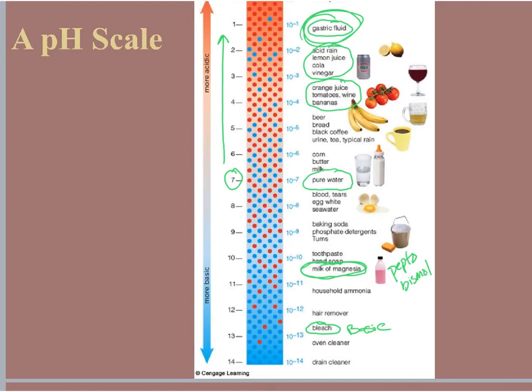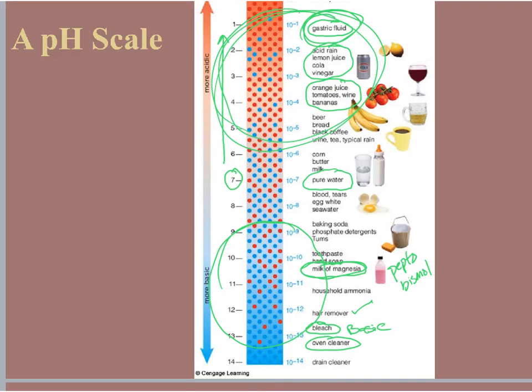So we often consider things that are acidic to be the worst, right? And they're the most damaging. But very strong bases can be quite corrosive or damaging as well. If you've ever tried a hair remover on your body, or even oven cleaner or bleach on your skin, it causes damage to the skin, because high pH is very basic.